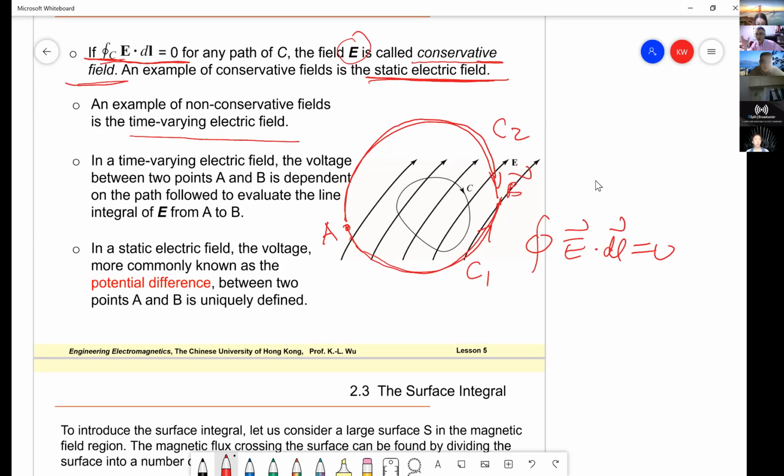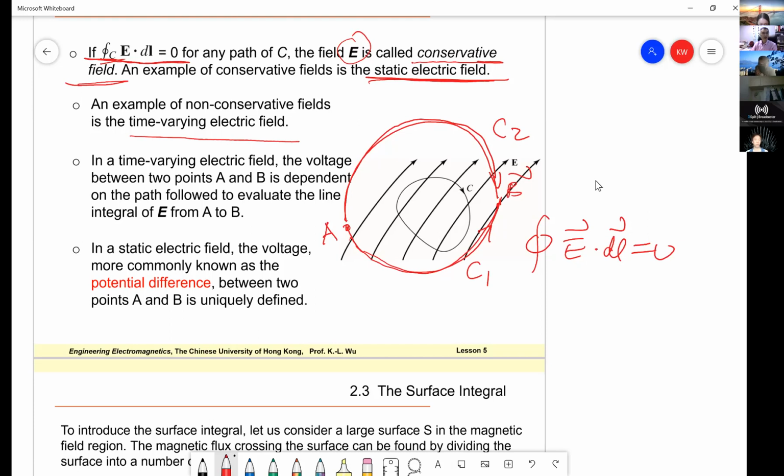So the voltage you define in a conservative field is unique, independent of what path you go.